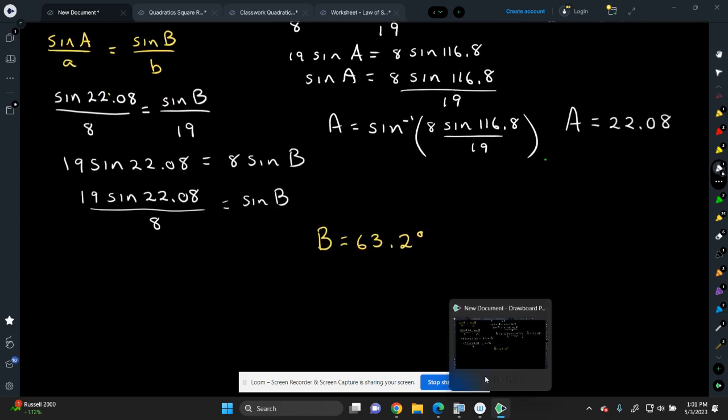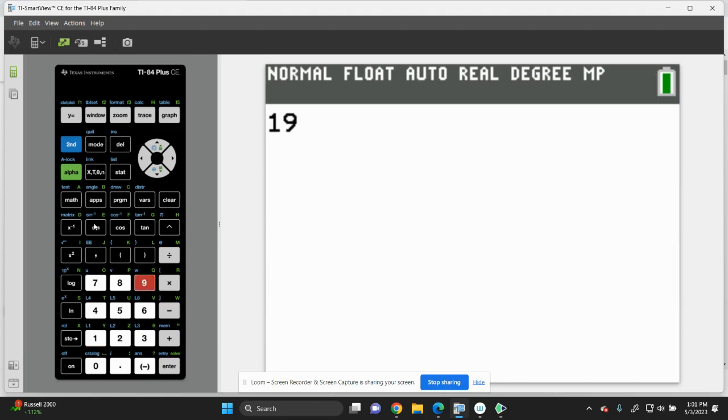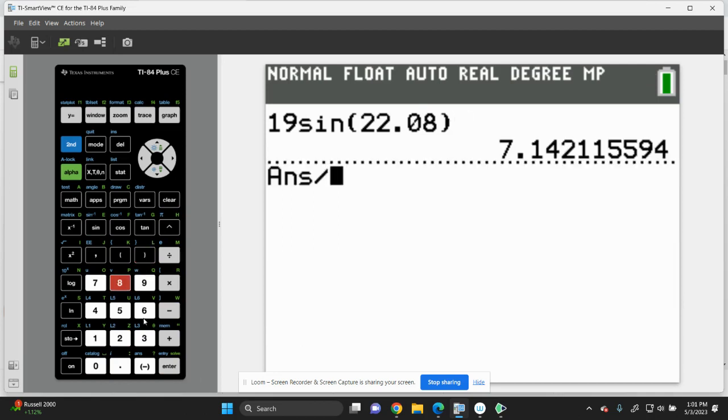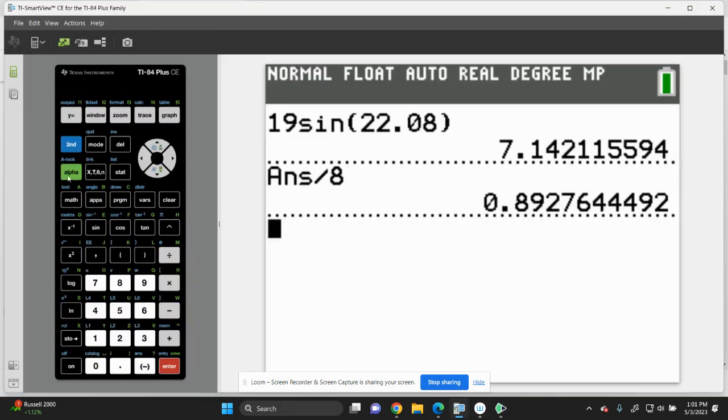All right, let's try it. 19 sine 22.08 divided by 8. Okay, and we're going to take the inverse sine of that.